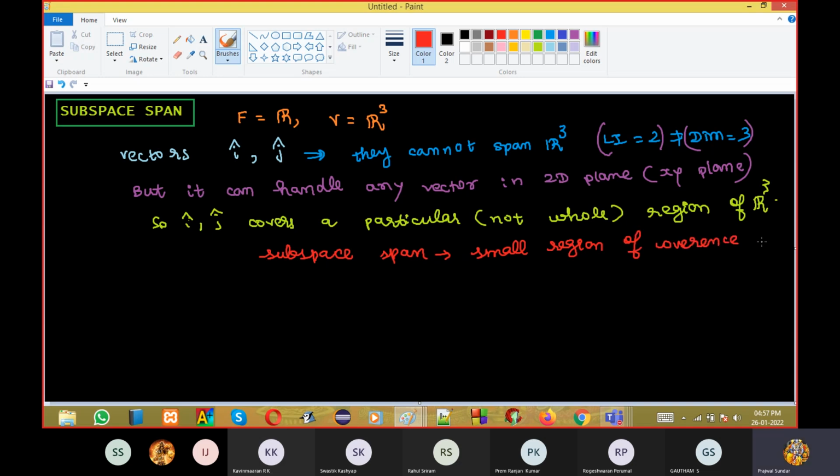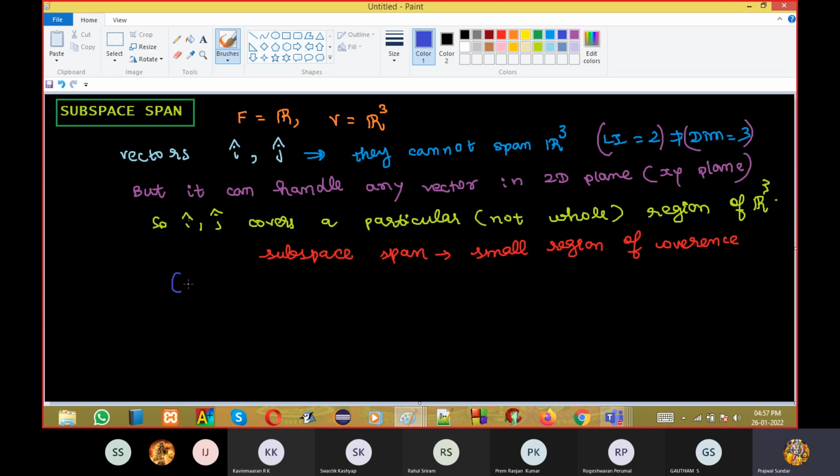Is there a doubt on what I have written? You are having i cap and j cap. It cannot cover the full 3D space, correct? We have seen that obviously. But it can definitely cover a small part of 3D space.